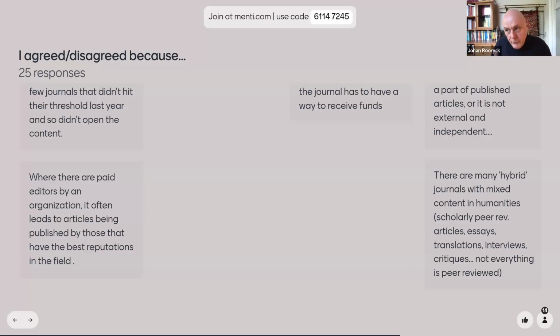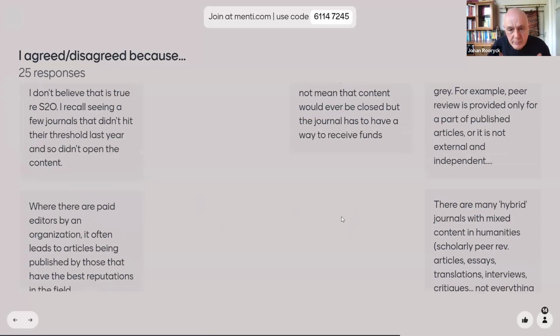For me, editorial independence means that there is no interference of the technical service provider or the publisher in the operations of selection that the scholarly editors of the journal are engaged in. It's the scholarly editors and the editorial team of the journal that should have full control over what gets published and how it is improved.